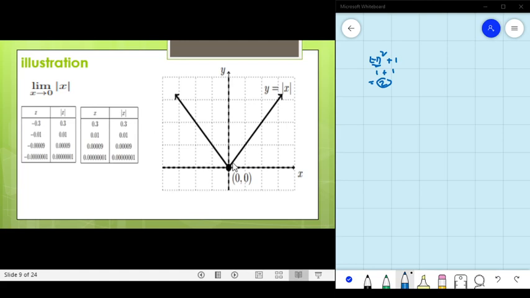So when the values of x get closer and closer to 0, notice that the values of y get closer and closer to 0. So that is why we can conclude that the limit of the absolute value of x as x approaches 0 is 0.